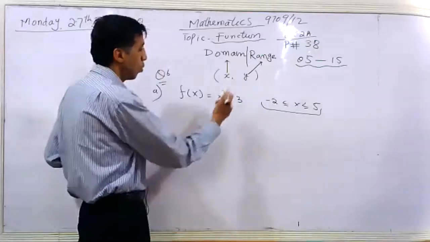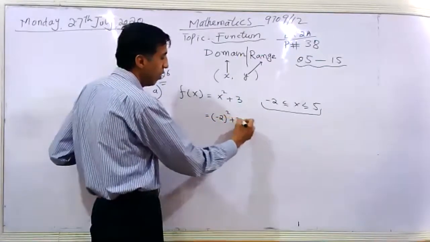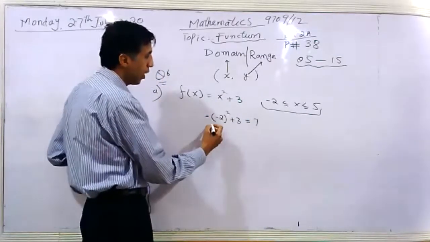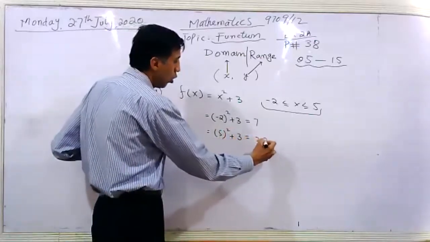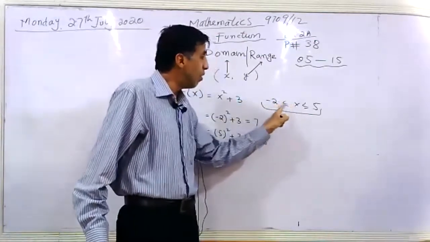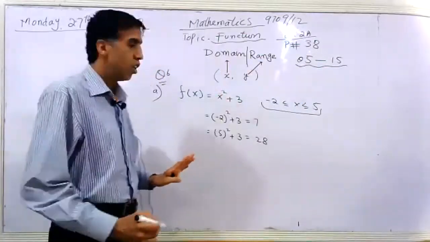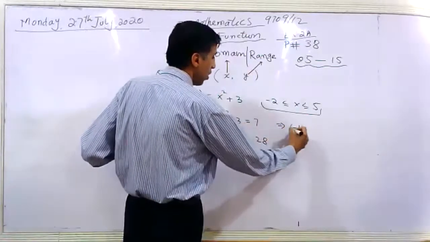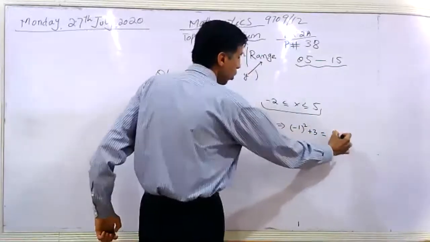Now, suppose I keep minus 2 in place of x. What will I get? 4 plus 3, 7. If I keep 5, 28. But this means the value of x lies between minus 2 and 5. Moreover, keep minus 1, this is 4.